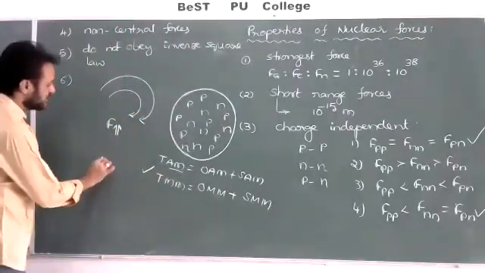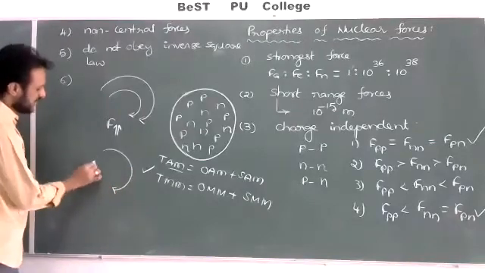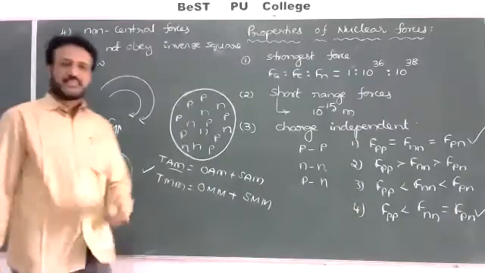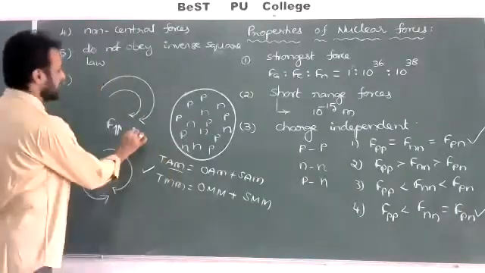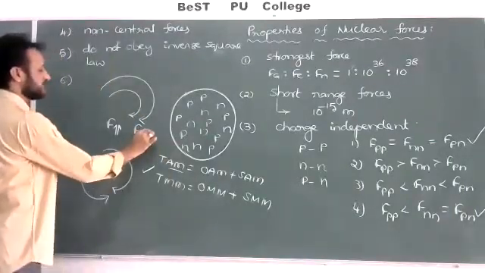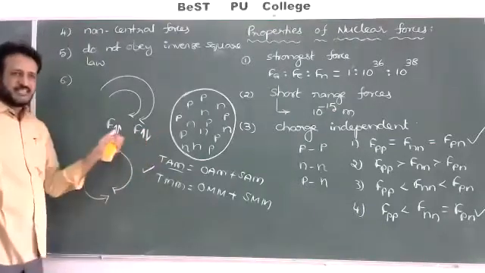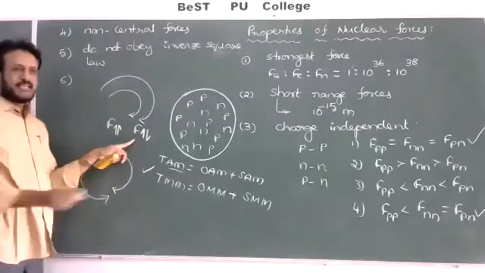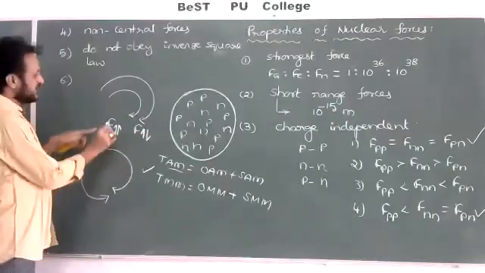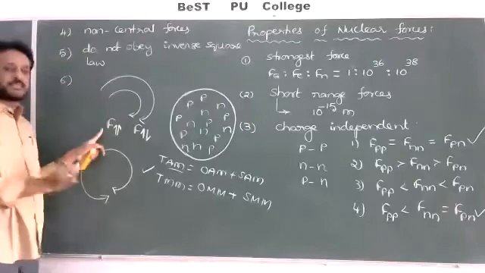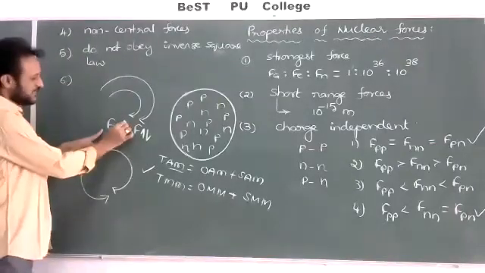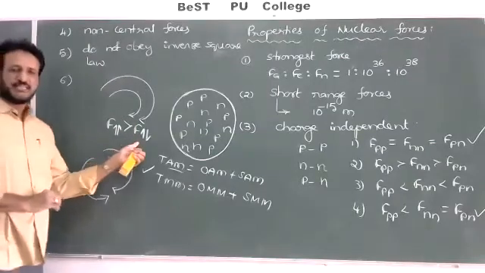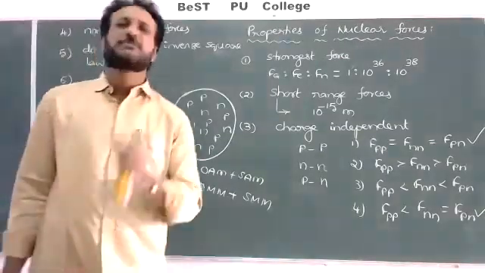If one nucleon is rotating clockwise and the other anti-clockwise, then both have anti-parallel, opposite spin. Check the arrow marks: here two nucleons have a parallel spin, and here two nucleons have an anti-parallel spin. Generally, the nuclear force between two nucleons with a parallel spin is always greater than between nucleons with an anti-parallel spin. So the nuclear force also depends upon the spin of the nucleons.